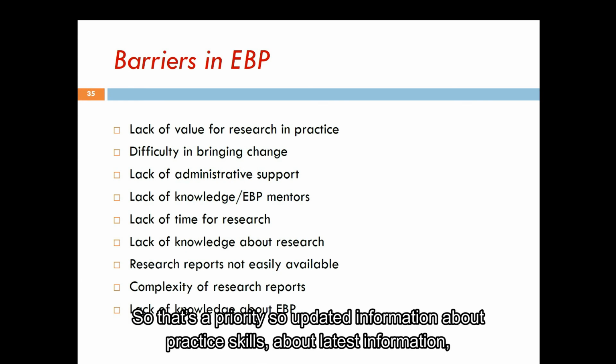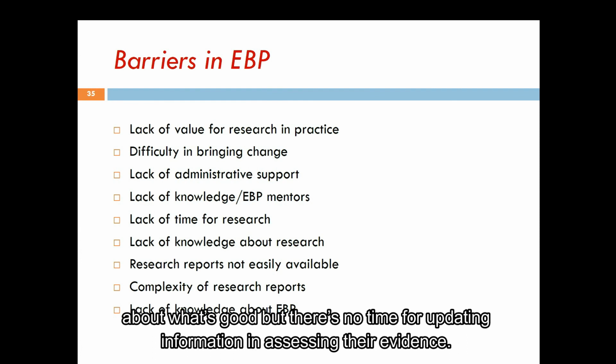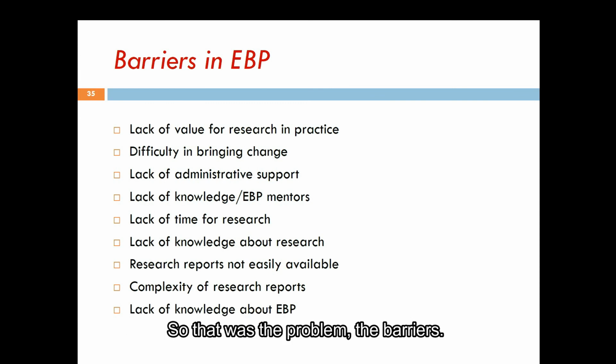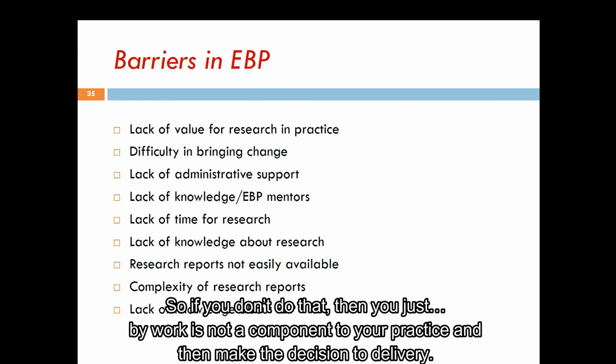So there's a priority to update information about practice skills, about the latest information, about what's good, but there's no time to update the information in assessing the evidence. That was the barrier. If you don't do that, then you just slot in a component to your practice and make the decision to deliver it, okay?